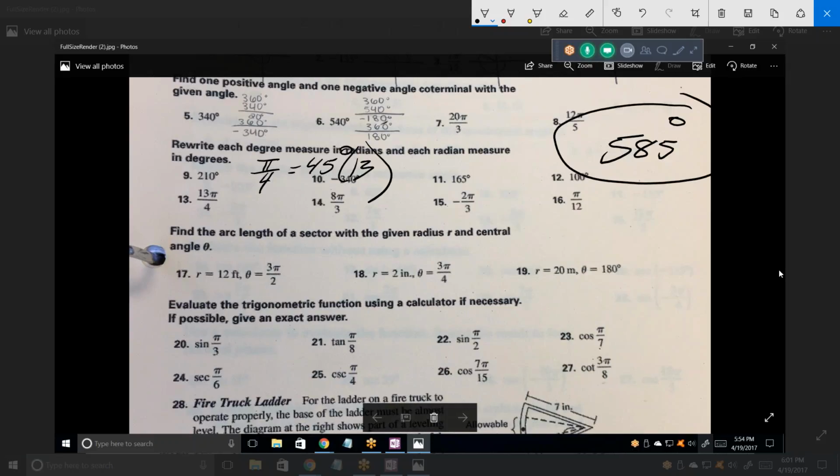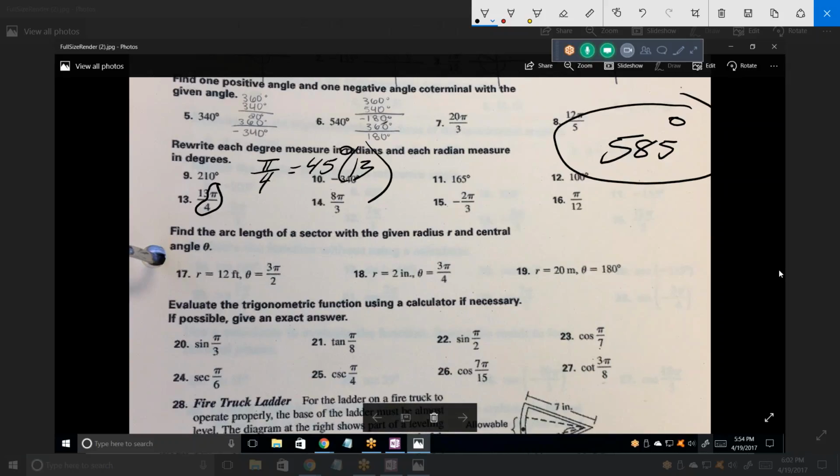The only thing is that it seems easier to me to do it this way, as long as you know what that is, and that's pretty easy to know. And your denominators here are always going to be 2, 3, 4, 6, sometimes 12, but not very often. In other words, they're not numbers like 7, which doesn't go into 180.